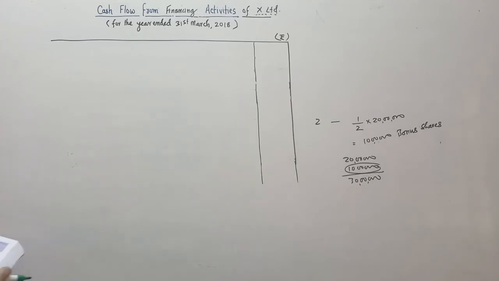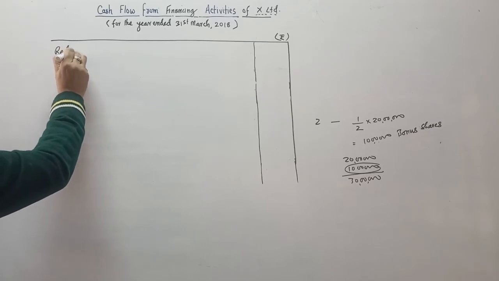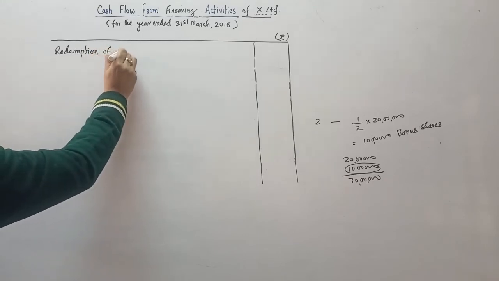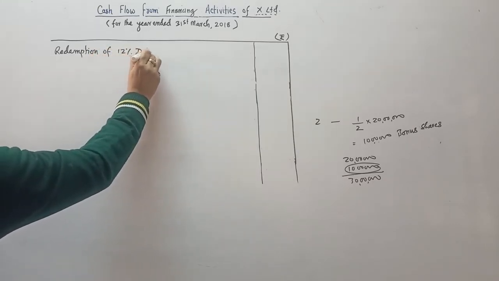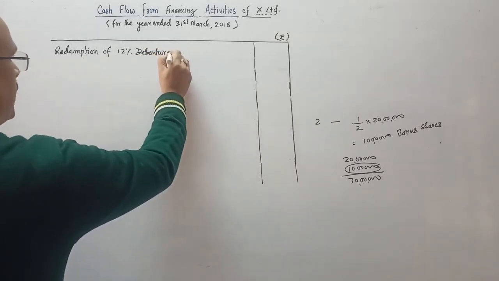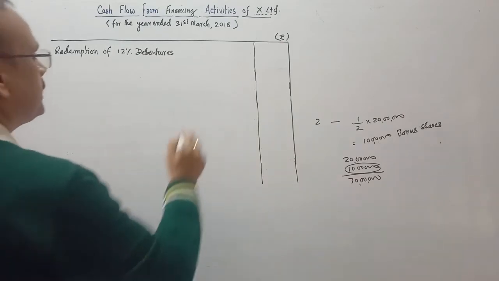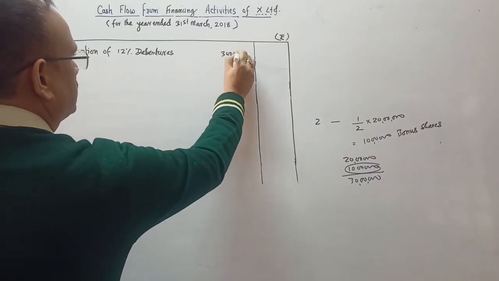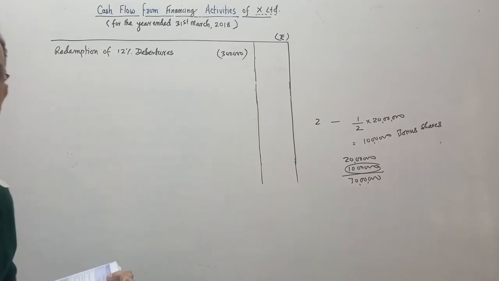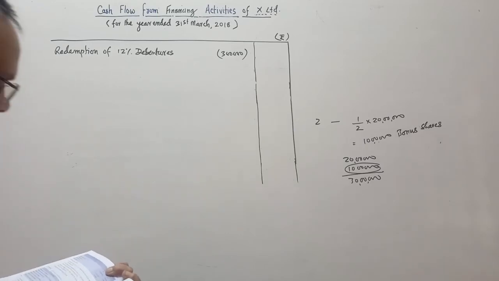So redemption of 12% debenture, that is 3 lakhs, indicates outflow of cash and cash equivalent. Redemption of debenture indicates outflow of cash and cash equivalent under the financing activities.